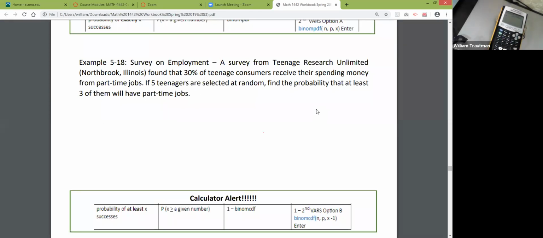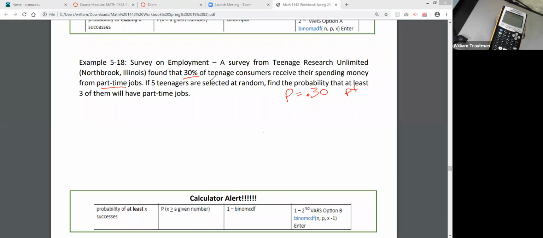So it says a survey of teenage consumers found 30% of teenagers receive their spending money from part-time jobs. So the probability is 30% that they get it from a part-time job.